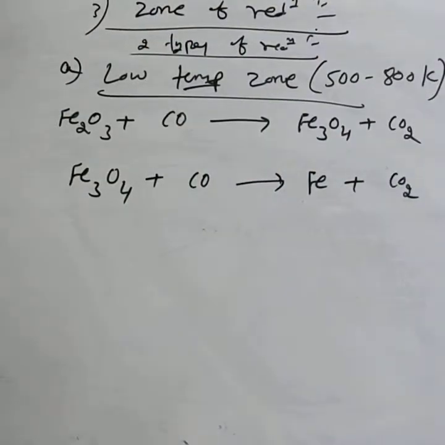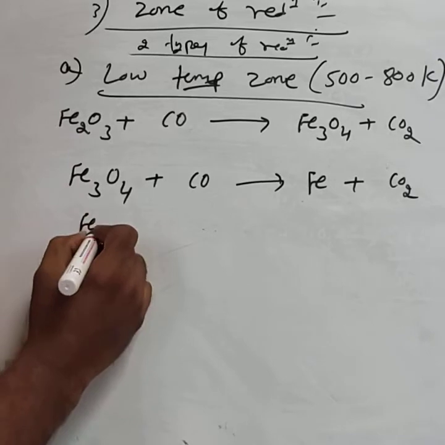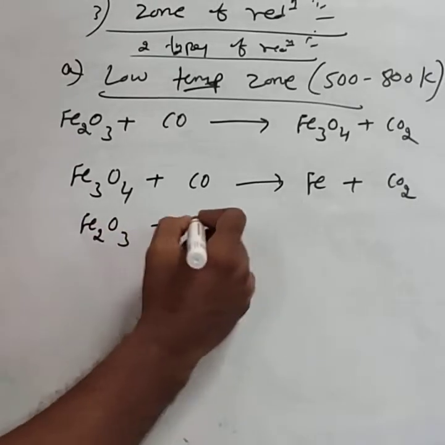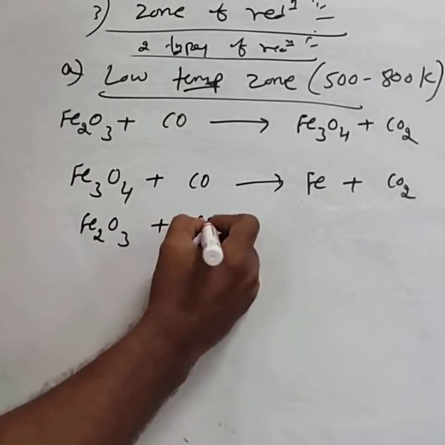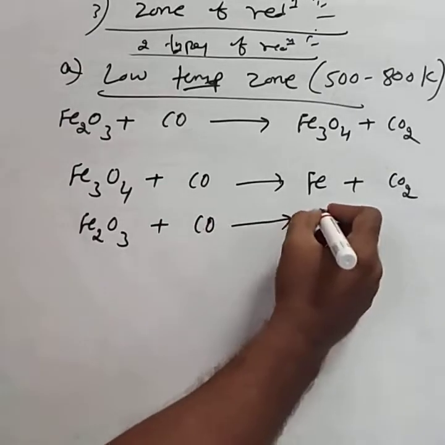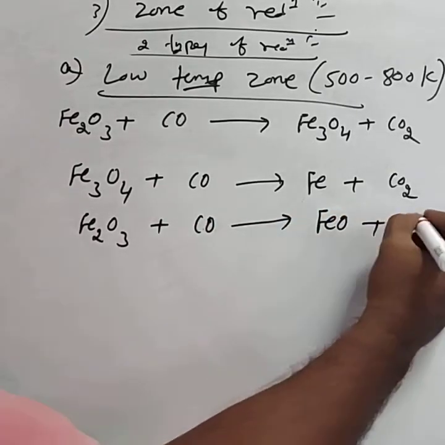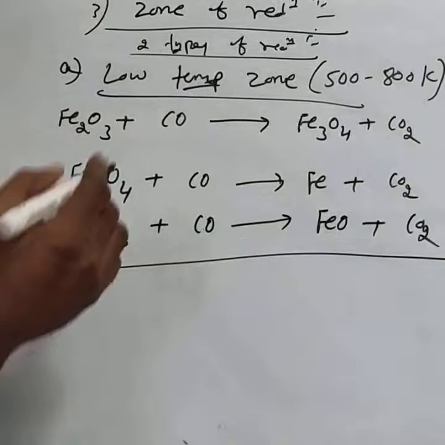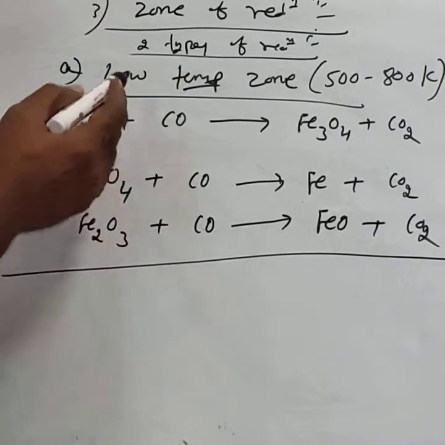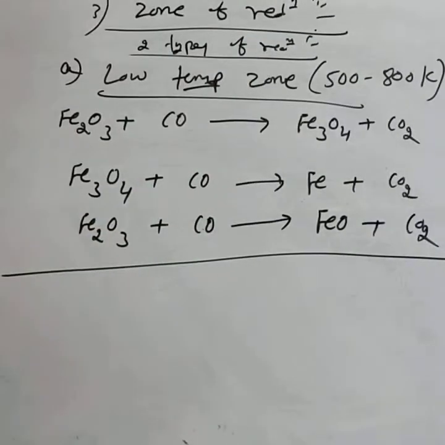This is the second one. Then Fe2O3 also combines with CO and is converted into FeO and CO2. These are the three reactions that occur in the low temperature zone.